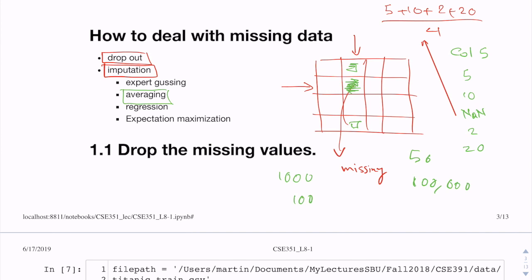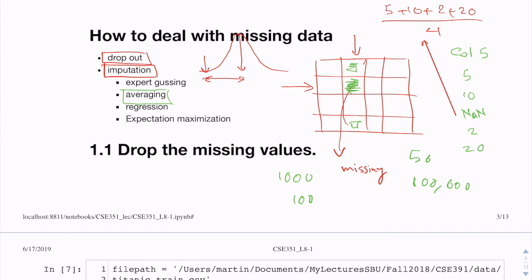So this method also has its own pros and cons. For instance, if you consider a Gaussian distribution and your real missing value is in here, but you replace it with the mean, that's a huge difference between the actual value and the replaced value. But this is how we can consider, based on probability, that this data is coming from the mean.